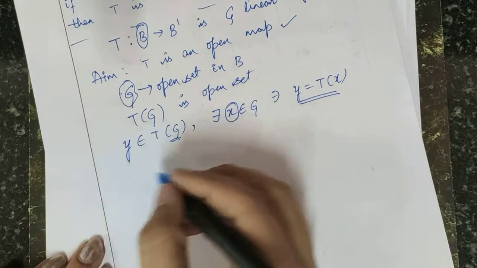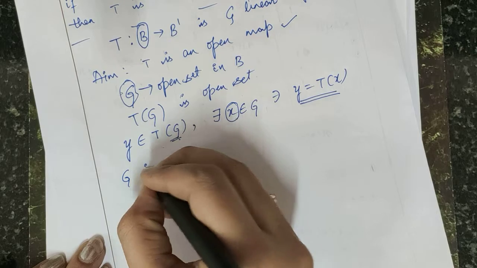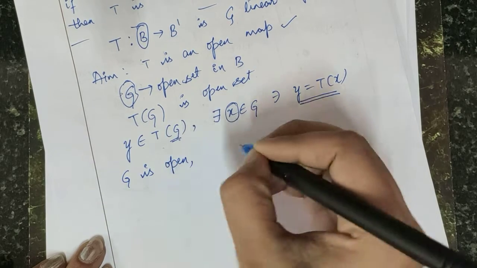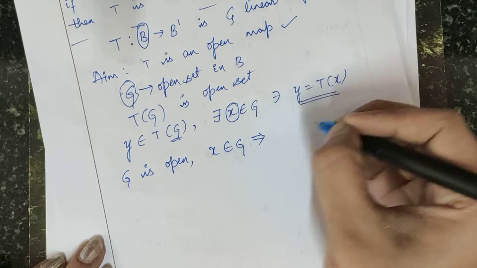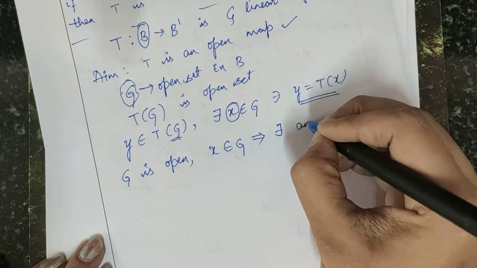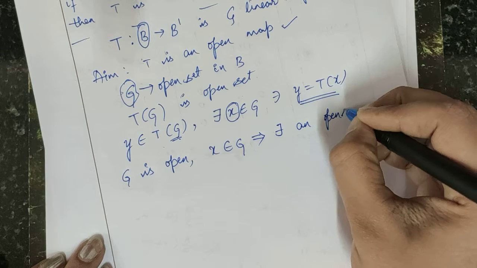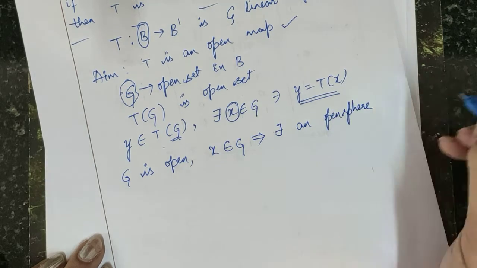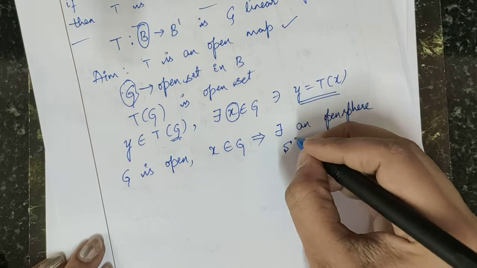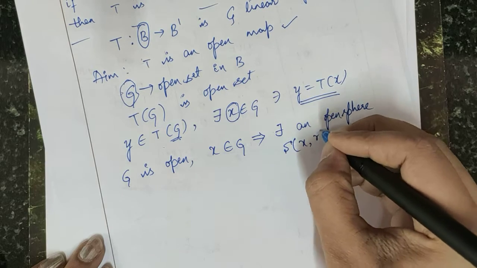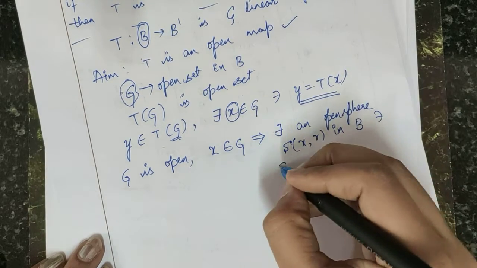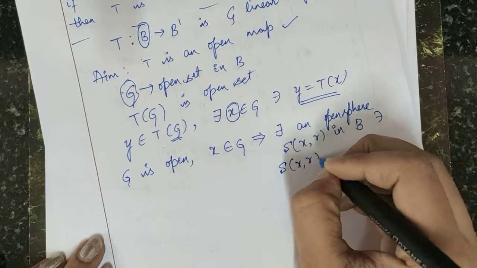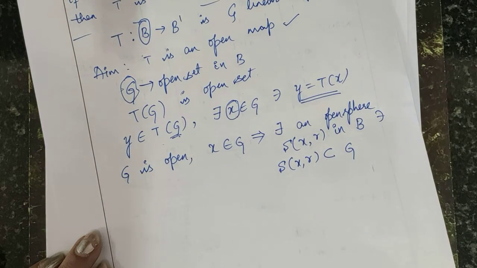Now since G is open, we have a point x in G. This implies that there exists an open sphere, say S of x comma r in B, such that S of x comma r is a subset of our open set G.